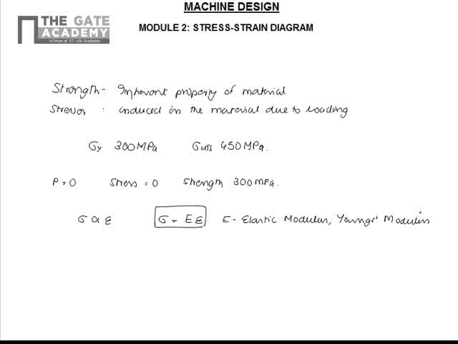Similarly, shear stress is also proportional to shear strain in this region, and the constant of proportionality is called G, which is the rigidity modulus or the shear modulus.